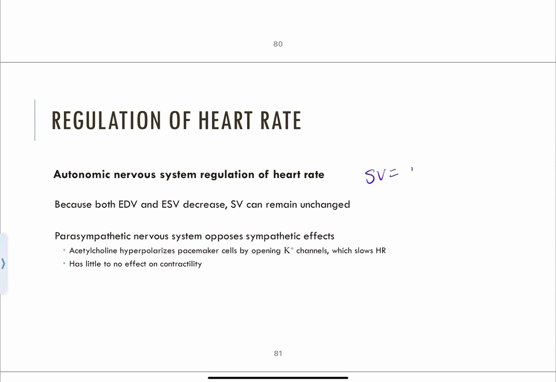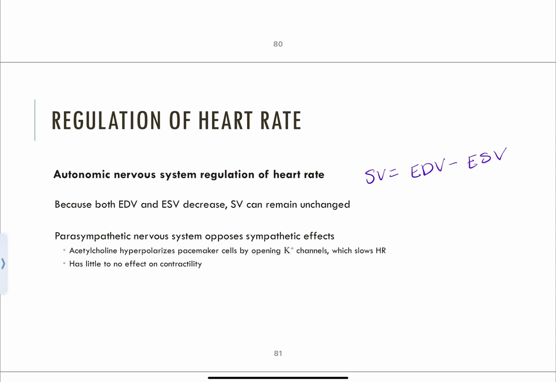Remember, stroke volume is equal to end-diastolic volume minus end-systolic volume. If they both move in the same direction, if they both increase a little bit or both decrease a little bit, they really don't have an effect on the stroke volume because the stroke volume represents their difference. If we're moving both in the same direction, then our difference remains the same.